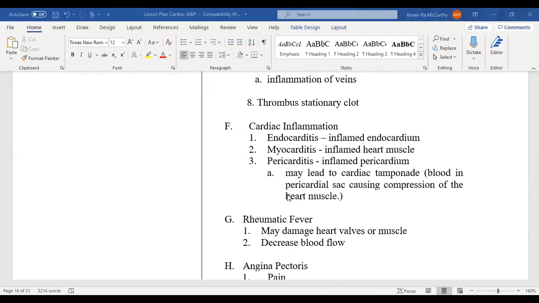The outer layer of the heart is called the outer layer. Endocardium is the inside. What is the outside of the heart? Epicardium. So the heart sits in a sac. The sac is called the pericardium, right?